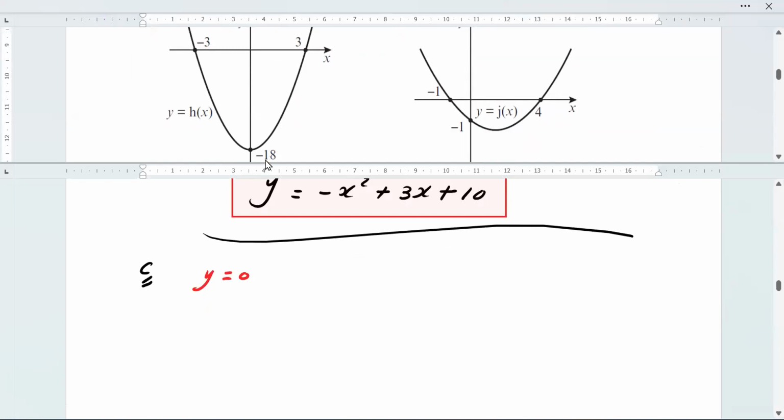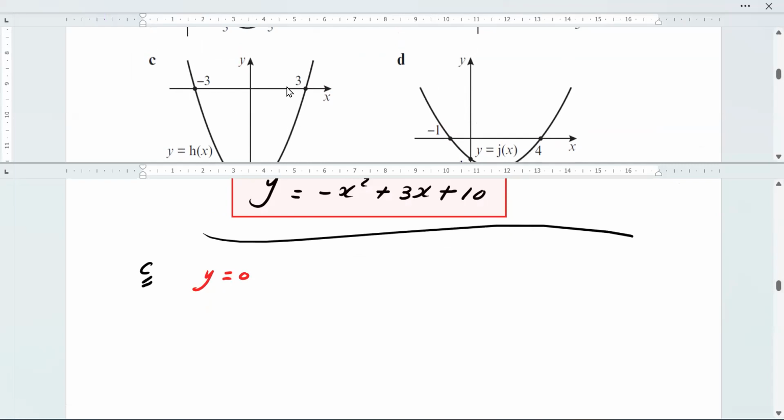Don't look at the y-intercept from the beginning. Just start with the x-intercept, y equal to 0. So you have x equal to negative 3, and you have x equal to positive 3.